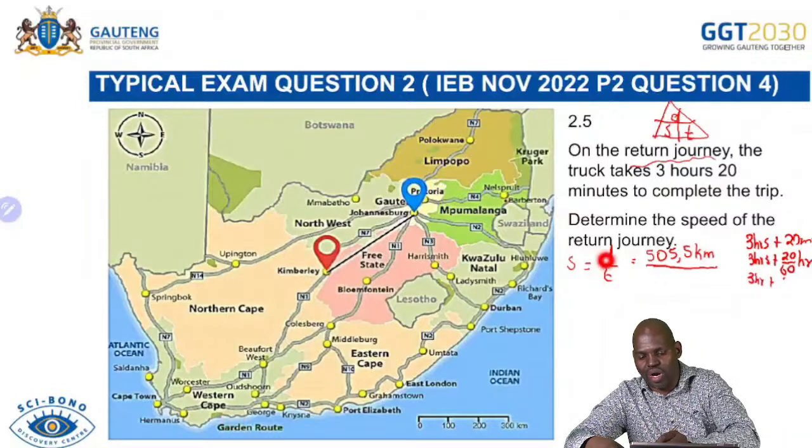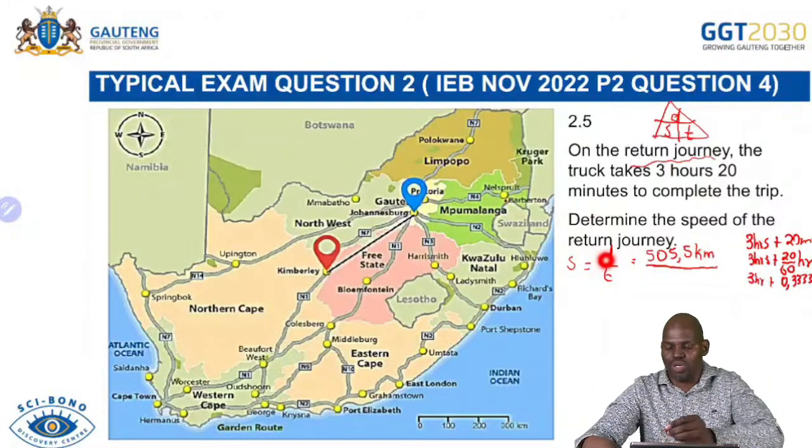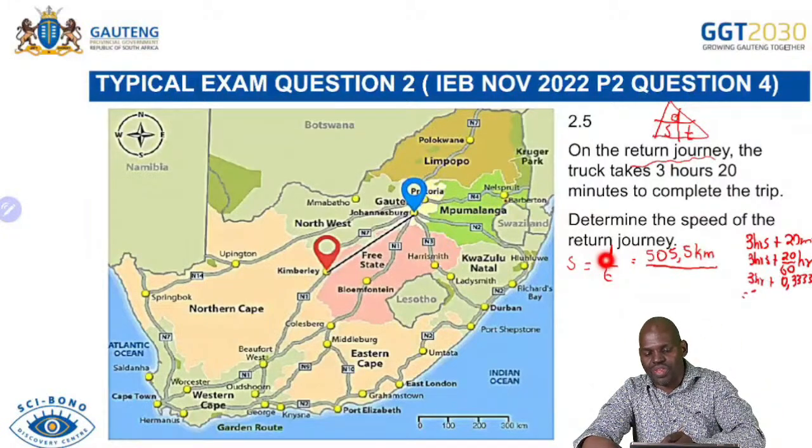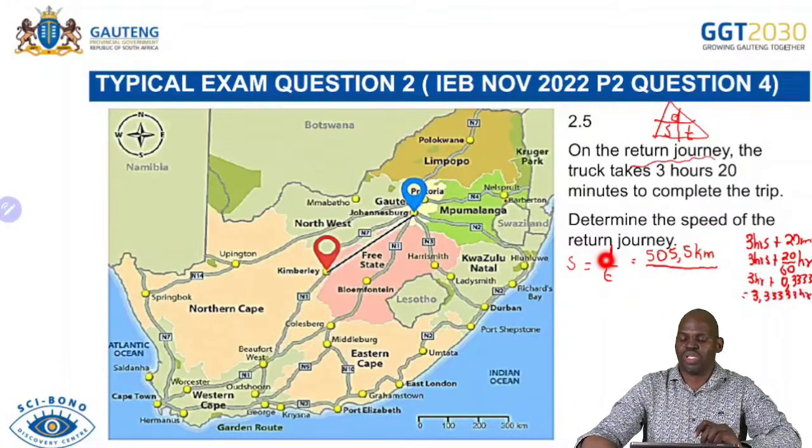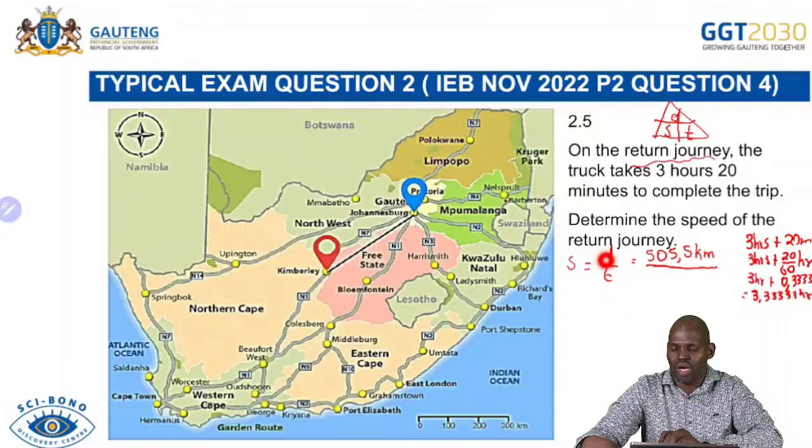So this is 0.3333 of an hour. So it means in the end, total hours is 3.3333 hours, all those digits after the comma. So we had to convert because we could not substitute 3 hours and 20 minutes.